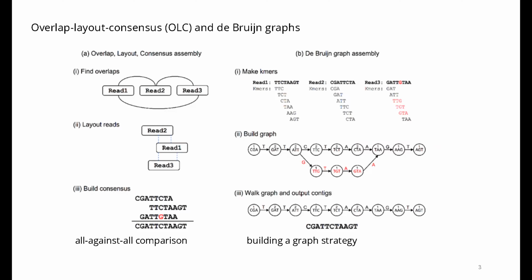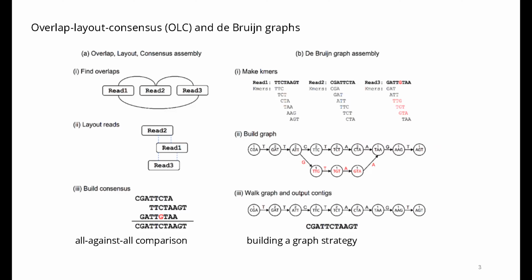Prior to the de Bruijn graph, overlap-layout-consensus assembly, OLC in short, was used. It literally matches all reads against all reads to find the overlaps and then construct the contigs and ultimately the genome.